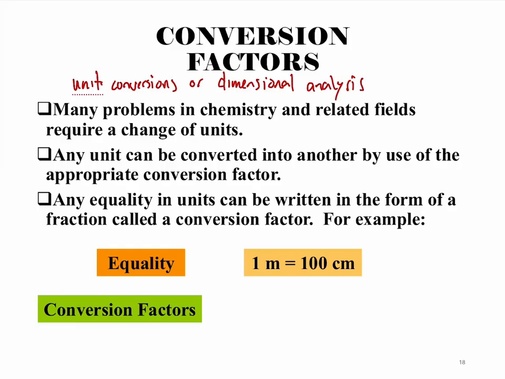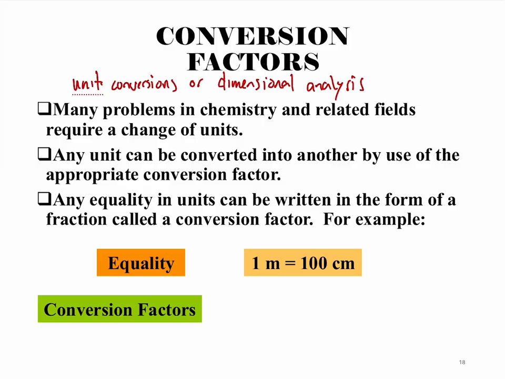A unit is the same thing as a dimension for something. Many problems in chemistry can be boiled down to just making sure you're getting to the right units. Any unit can be converted into another unit with the appropriate conversion factor, as long as they're measuring the same fundamental physical quantity. So you can't convert a length into a second, for example, but you can convert two types of length, like an inch into a centimeter.